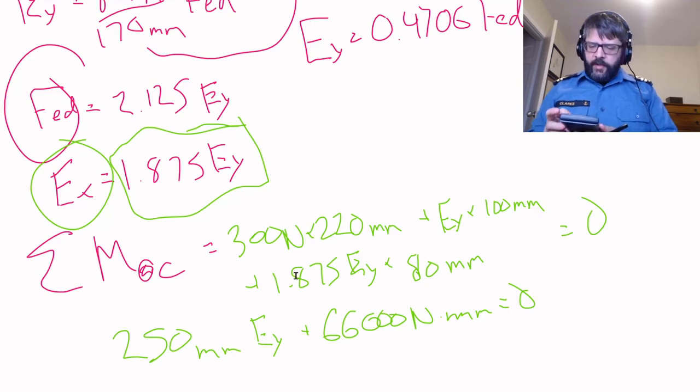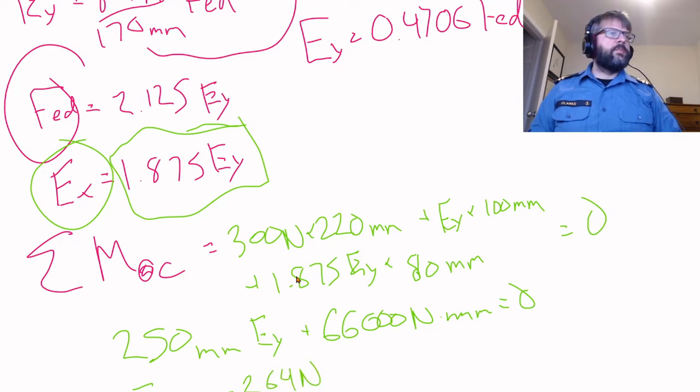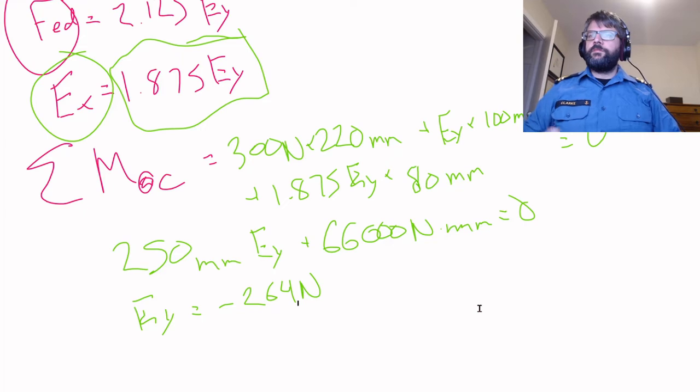So solving for EY, EY is equal to negative 264 newtons. As a result, EX is equal to that times 1.875, negative 495 newtons.